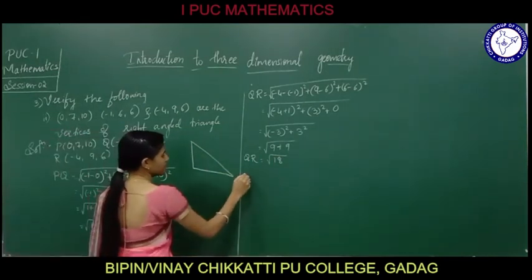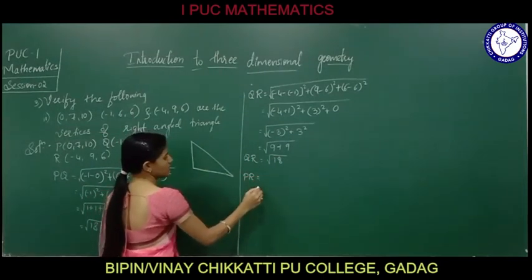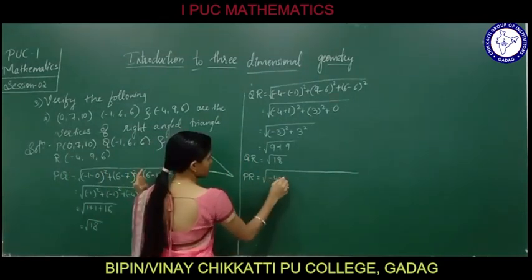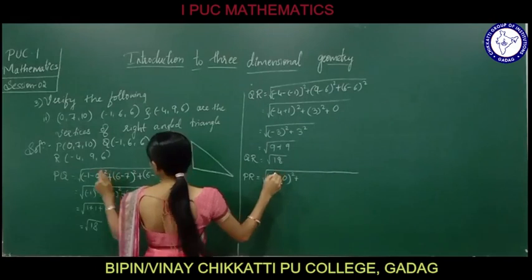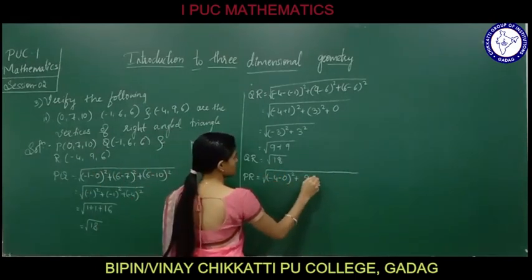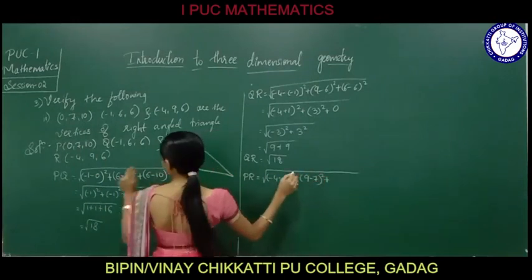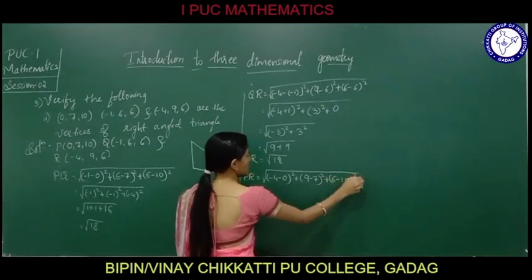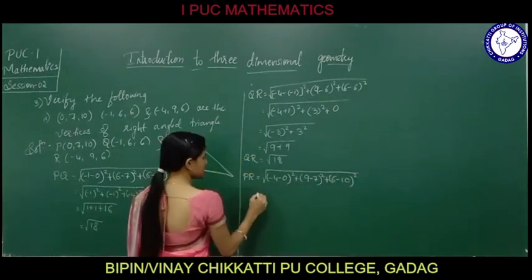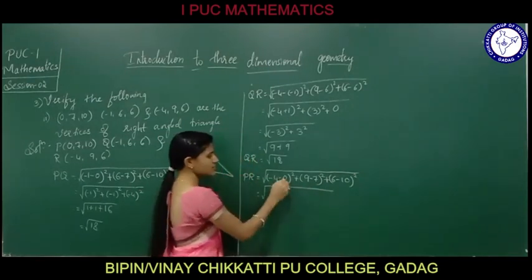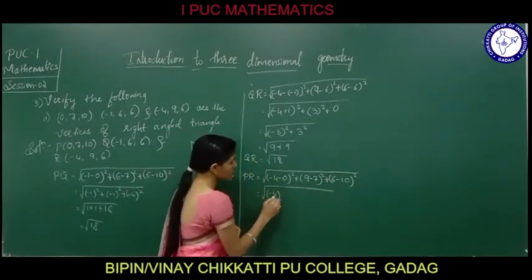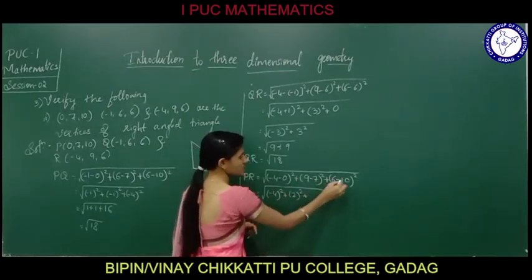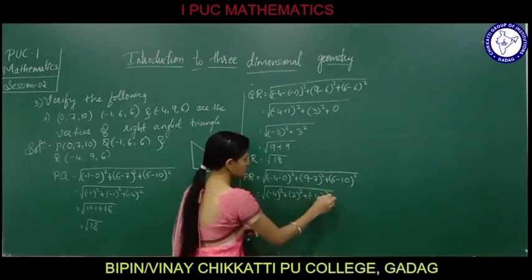Again, what about PR? Let us find PR. That is root of minus 4 minus 0 square plus 9 minus 7 square plus 6 minus 10 whole square. Simplifying, minus 4 square plus 2 square plus minus 4 square.